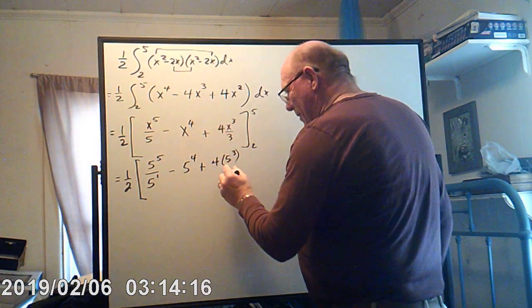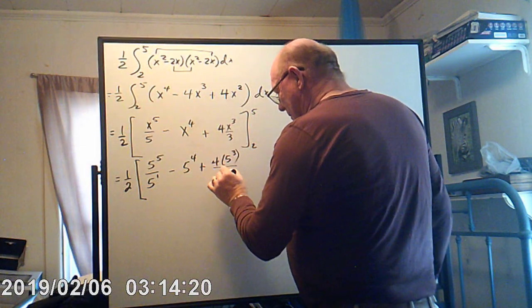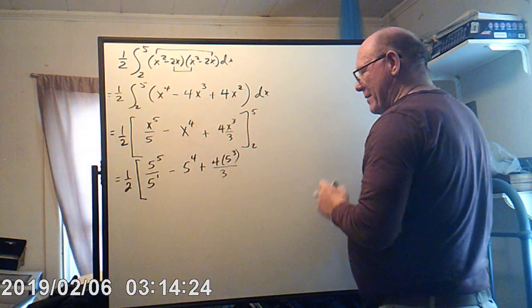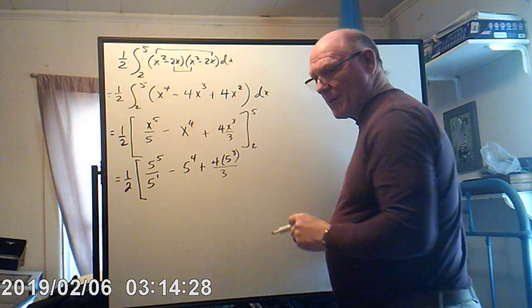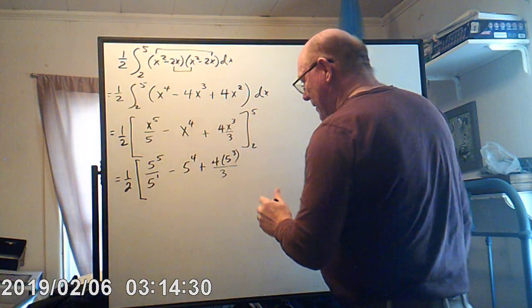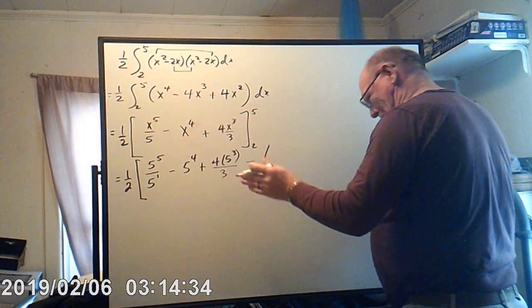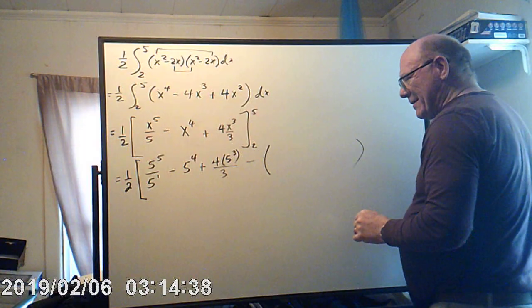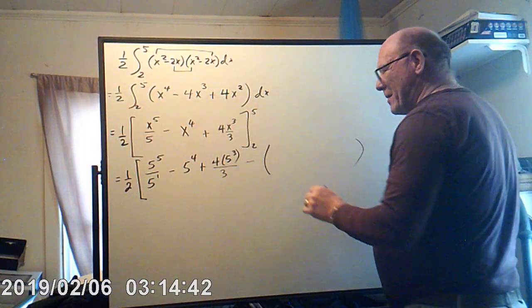Whether you put the cube on the outside or not does not matter. This is a positive number, so it doesn't matter. But with a negative number, it still wouldn't have mattered for an odd exponent, but for an even one it would. Now you've got to remember the minus sign. It does not hurt to put parentheses out here. That just helps so much.